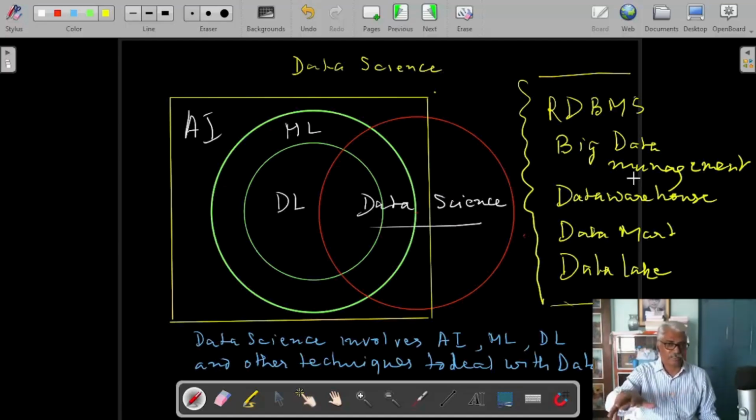So that is the overall introductory session I conducted for explaining the difference between AI, ML, DL and data science. And probably we didn't mention something called data analytics, which I specifically teach.